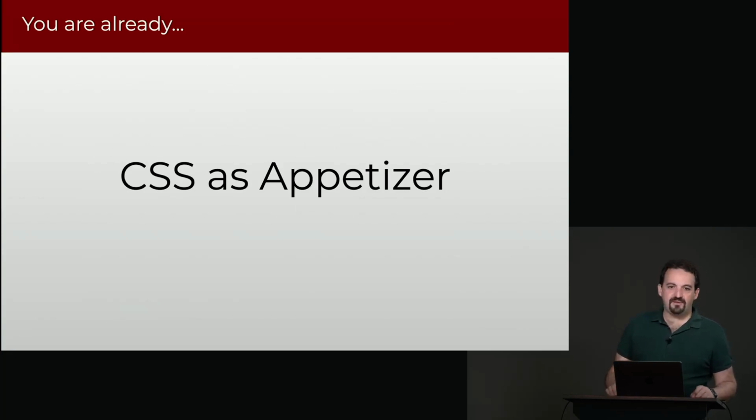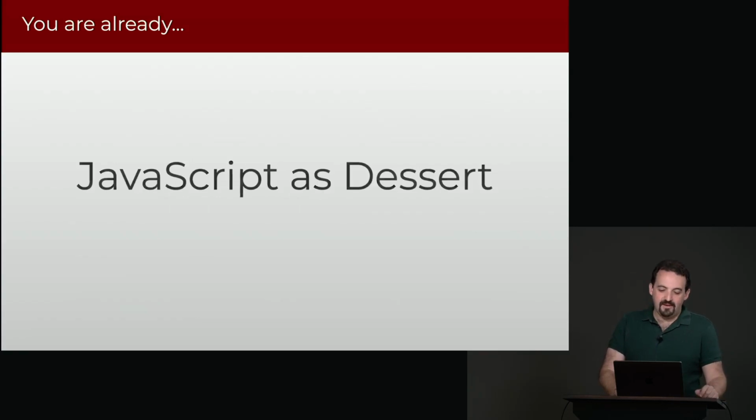You're already using CSS as an appetizer. Appetizers should be first and typically small. It's not the main meal. So CSS should be first and small, and we'll understand why in a minute. JavaScript is dessert.